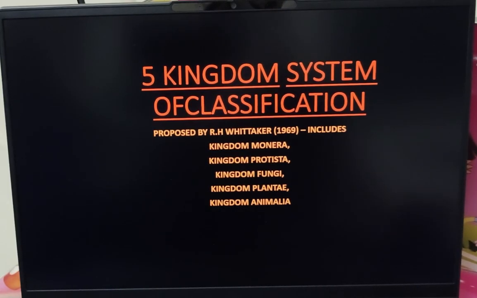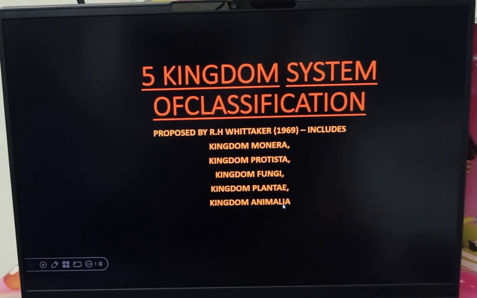But we had certain difficulties, like microbes and a few other organisms were all put together in Plantae, which did not give a proper idea about classification. So then R.H. Whittaker introduced the five kingdom concept, which includes kingdom Monera, kingdom Protista, kingdom Fungi, kingdom Plantae and kingdom Animalia.